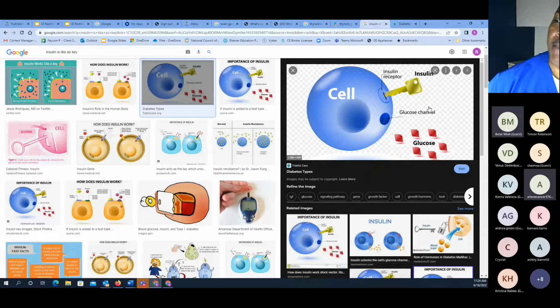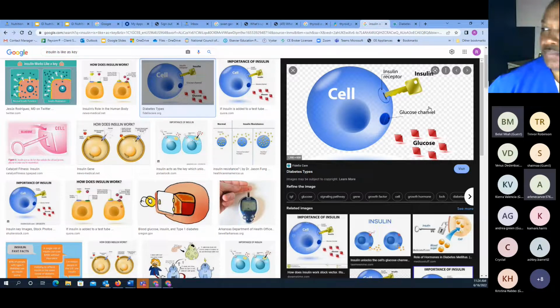So when we think about fatty acids, diabetic ketoacidosis. That's how the ketosis develops. The ketosis develops because the fat is being used as a food source. The body is eating itself, basically.